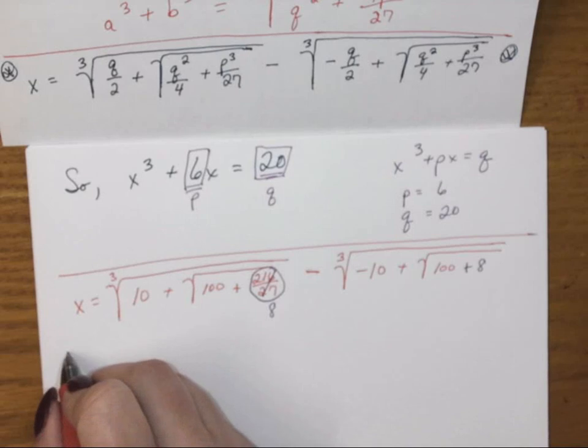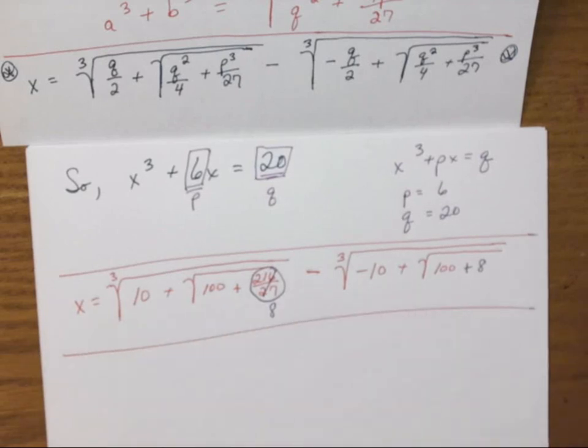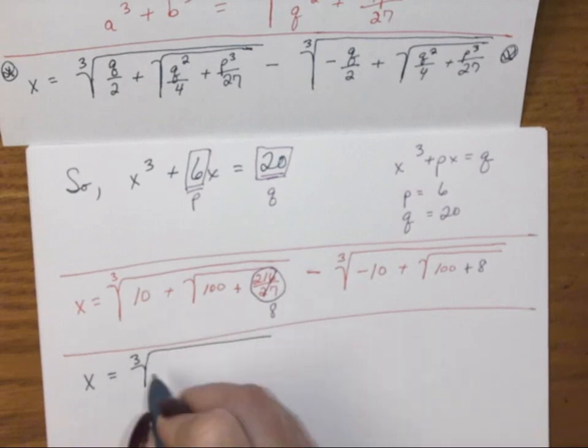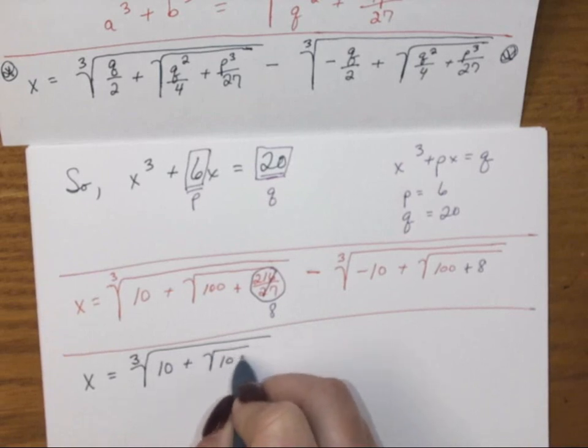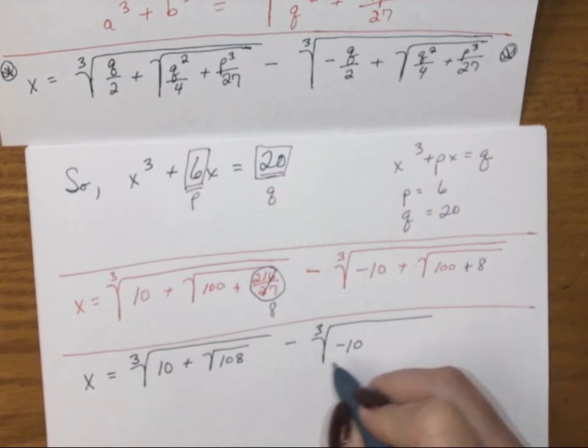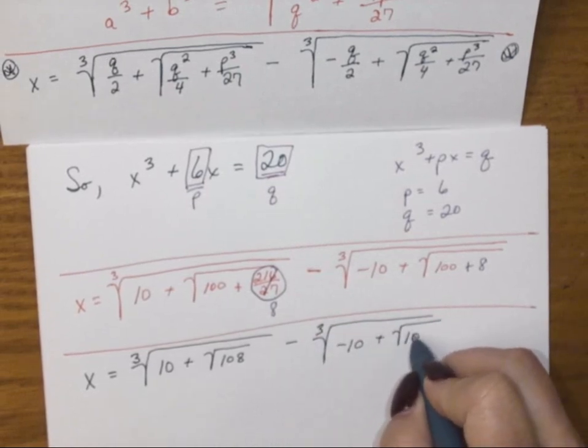Don't do that. All right, so now we've got, it's not amazing, but it's doable for us, right? We can play with it. So x equals the cubed root of 10 plus the square root of 108 minus the cubed root of negative 10 plus the square root of 108.